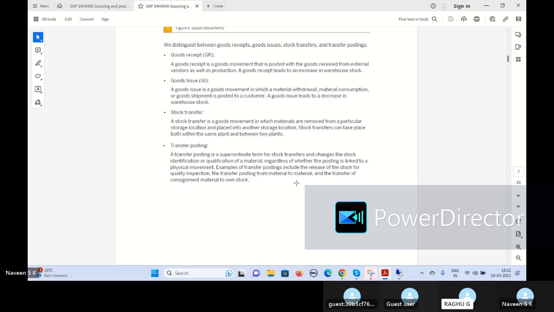Stock transfer means transferring from one location to another location, the actual physical movement of material. Here, in transfer posting, it may or may not be a physical movement, but it happens within the same storage location, because we are only moving the stock types, like unrestricted stock, quality stock, blocked stock. The stock transfer happens between storage locations or between plants. That is the difference.